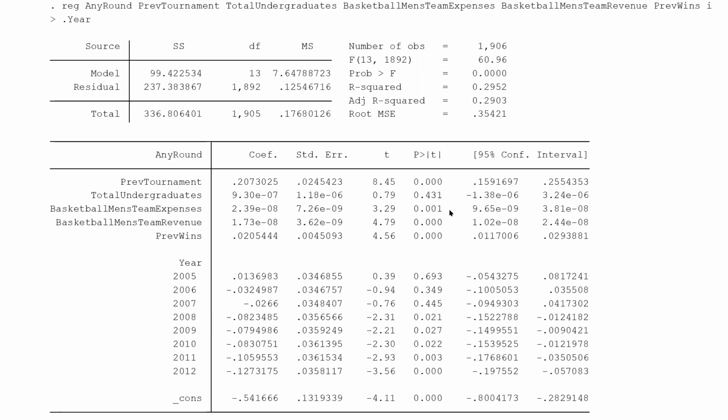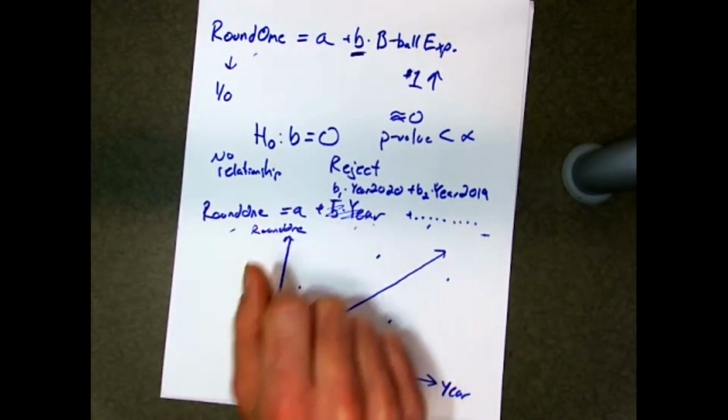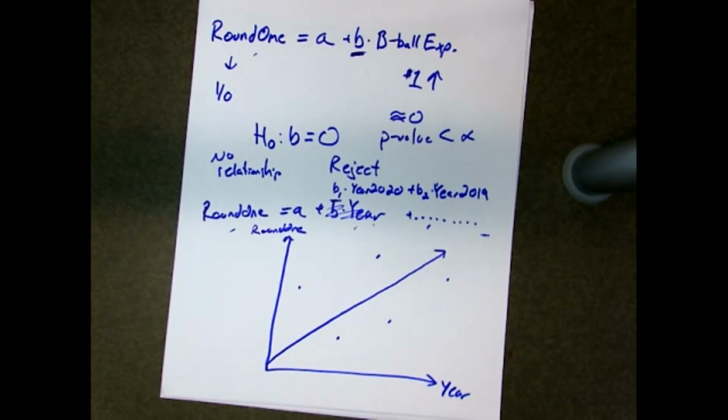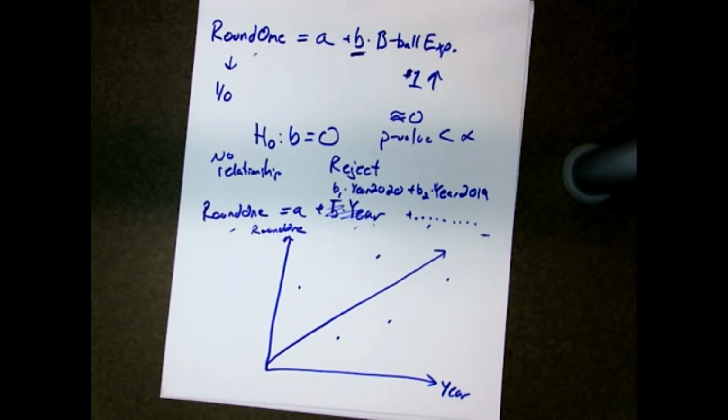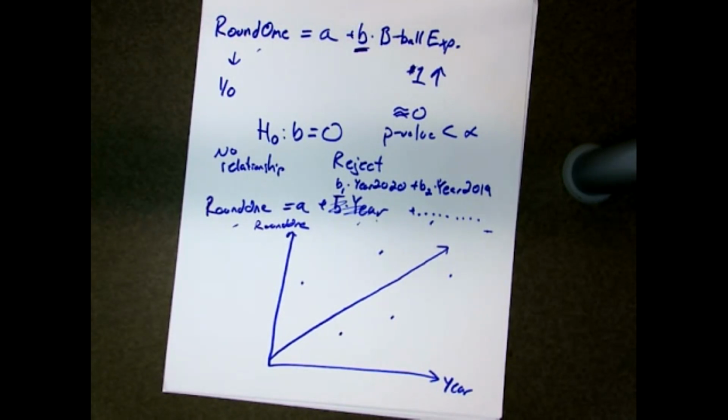However, that p-value is 0.001, so it's still significant at every single level here, right? That p-value is less than alpha at every level. So we can reject this null hypothesis that there's no relationship, or say we found evidence there is a significant relationship between basketball expenditures and making it into the tournament.